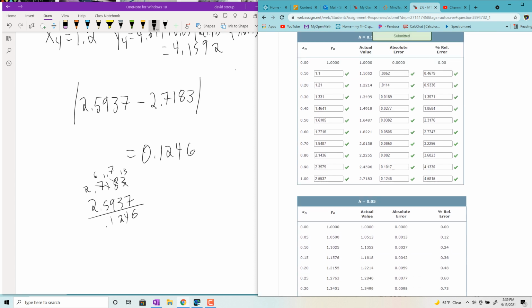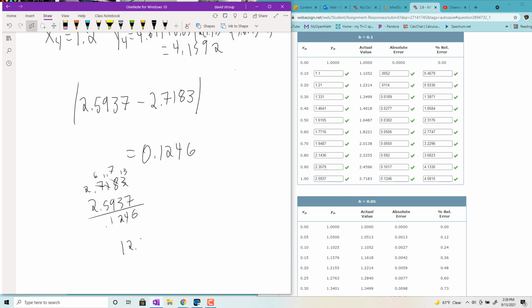Yeah, so they give you a little bit of leeway with your answer. Then the percent relative error is going to be the difference between your approximation, 2.5937 minus 2.7183, divided by the actual number, 2.7183.